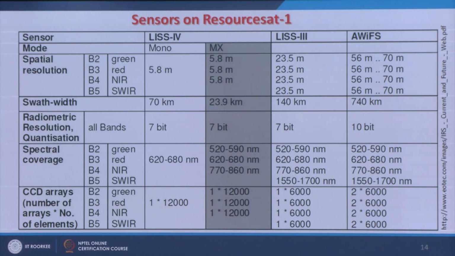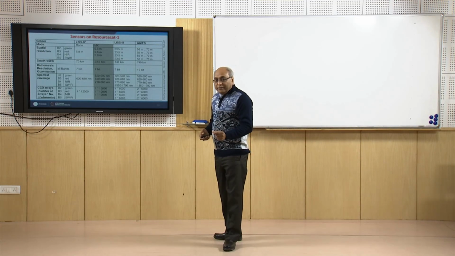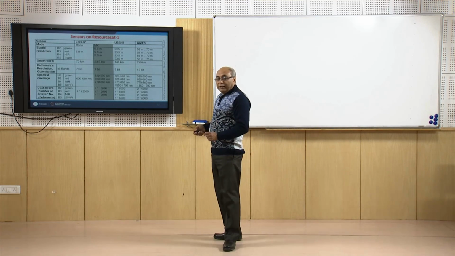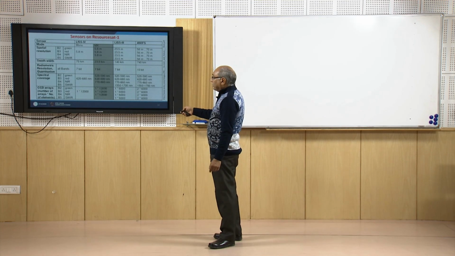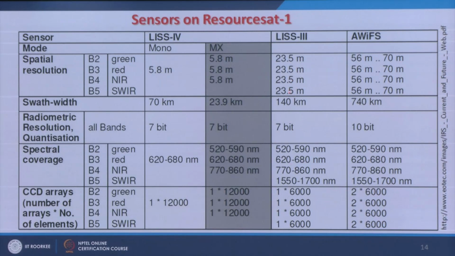As I was mentioning, the higher the spatial resolution, the lesser the swath width you will observe. This is what is demonstrated here: 5.8 meter, 70 kilometer swath width; 23.5 meter spatial resolution, 140 kilometer swath width; and at 56 to 70 meter spatial resolution the swath width has improved, that is 740 kilometer.